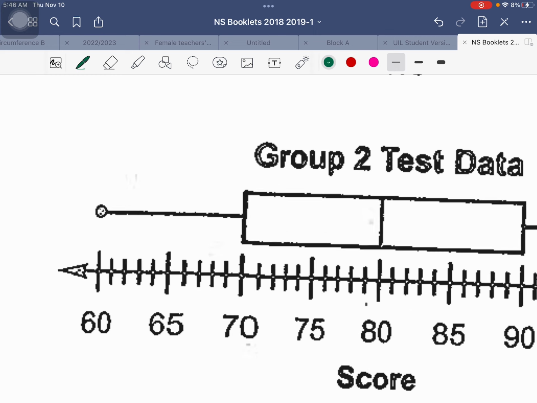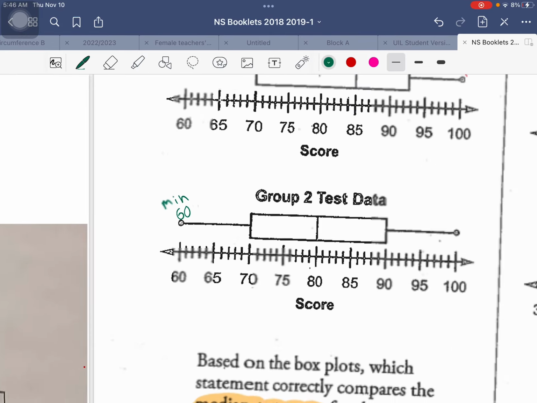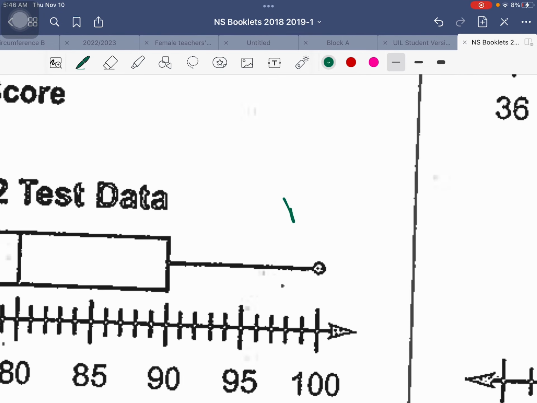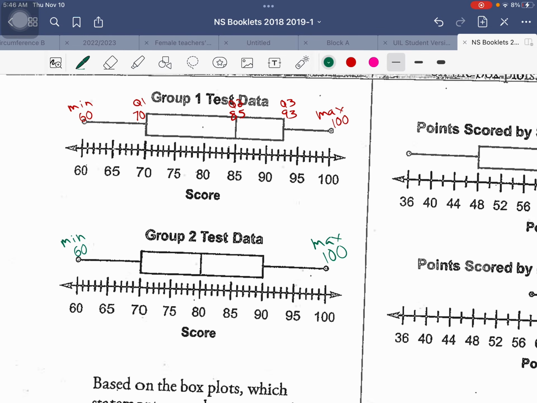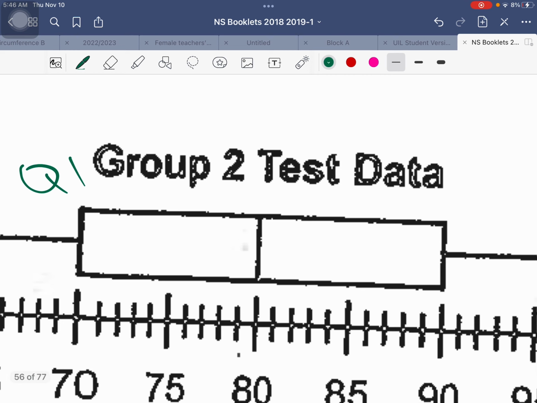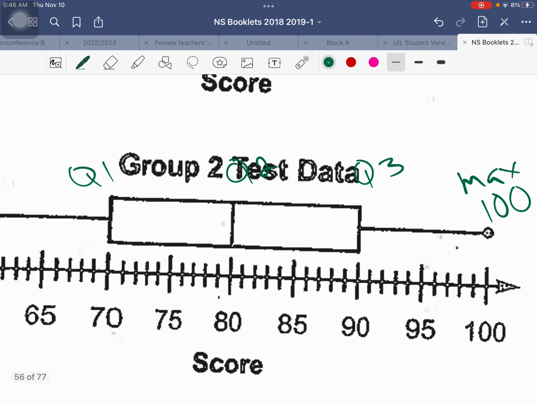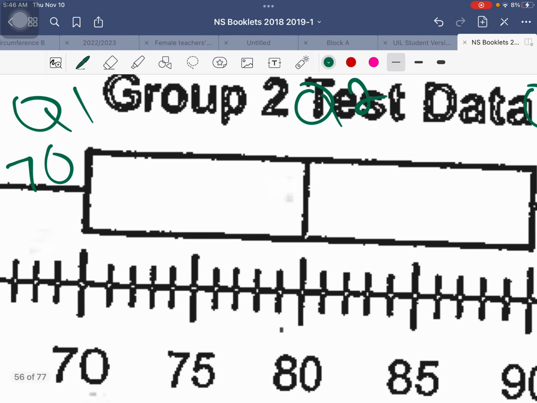Now, I'm going to do this another cutter just to not confuse them. So the minimum for this one is 60. Maximum 100. So I think that's the same for both. Yeah. But the Qs are different. Q1, Q2, and Q3. Q1 is 70.